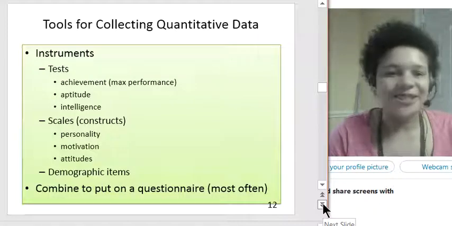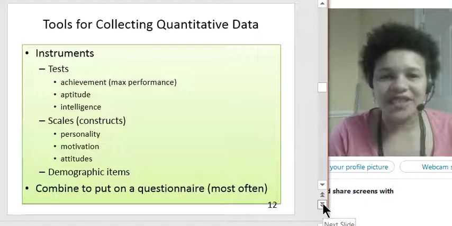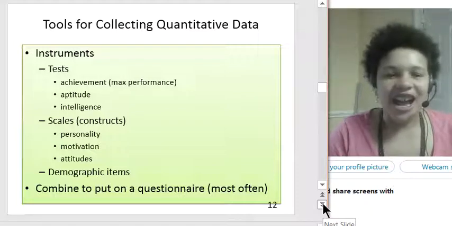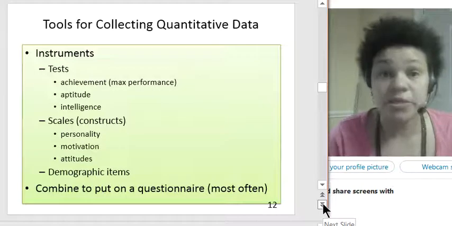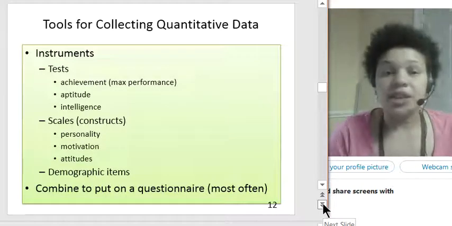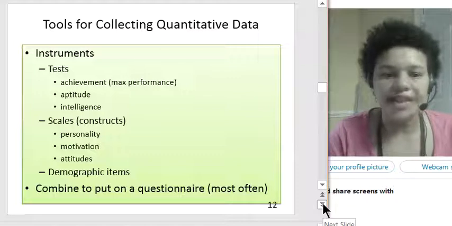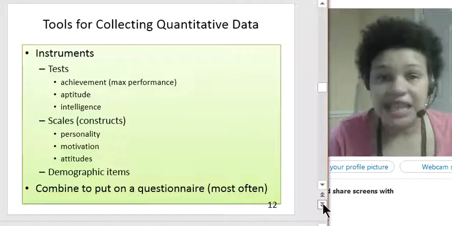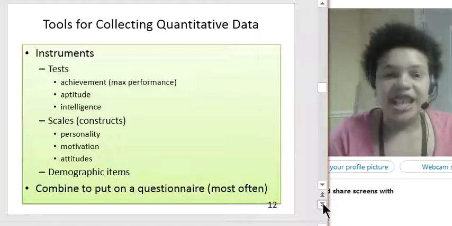Slide 12. So we use tools for gathering quantitative data generally, and those tools are most commonly called instruments. These include tests and scales. Tests are things like achievement tests or max performance tests, aptitude tests, and intelligence tests.